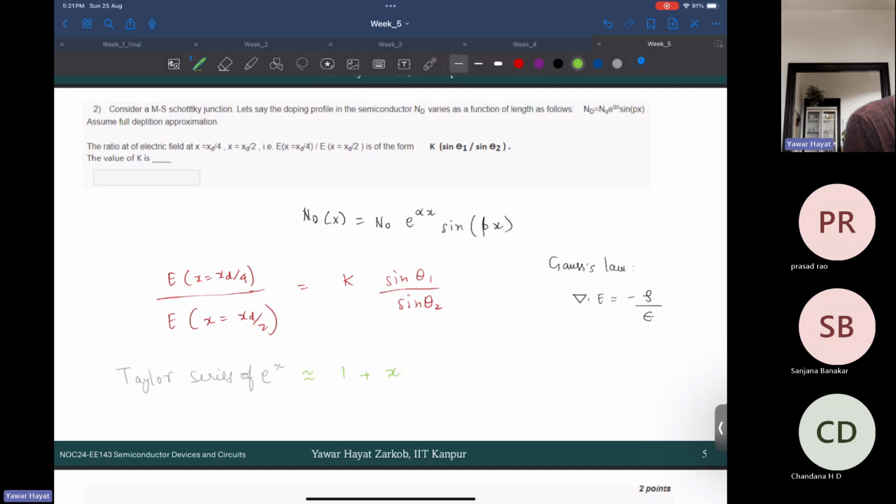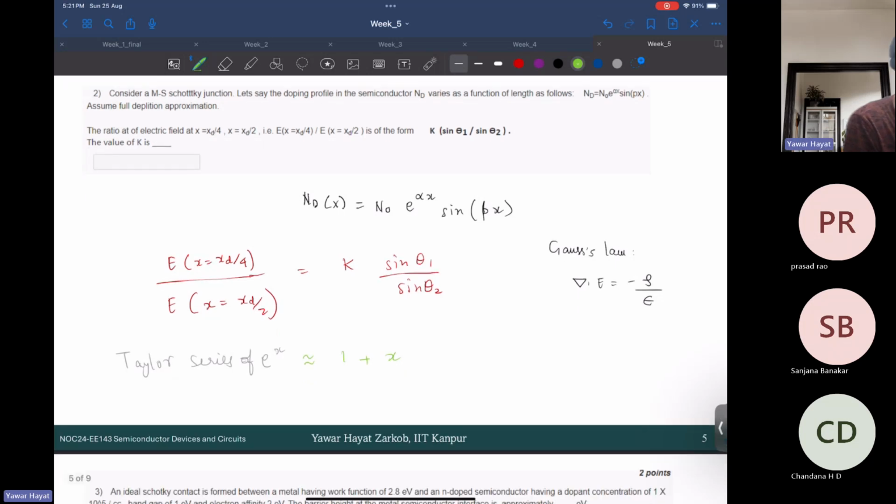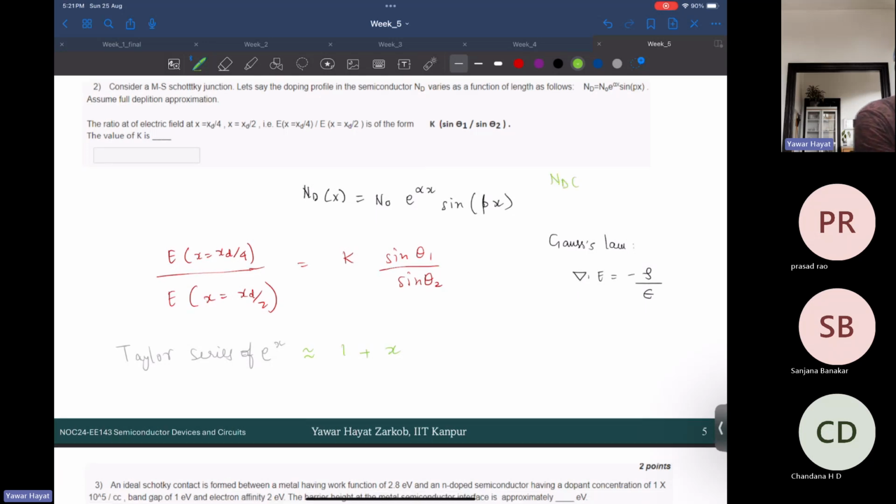I'll use this approximation for my ND. My ND of x would be approximately N0 times 1 plus alpha x times sine of px. This is what ND would be.